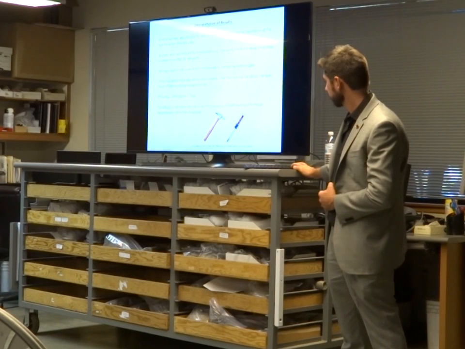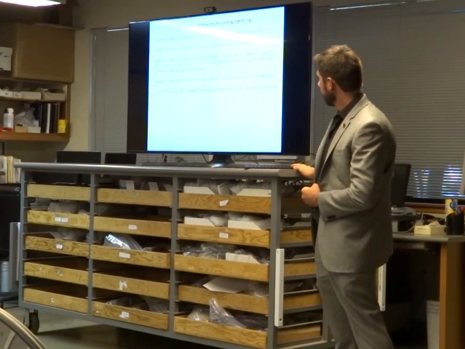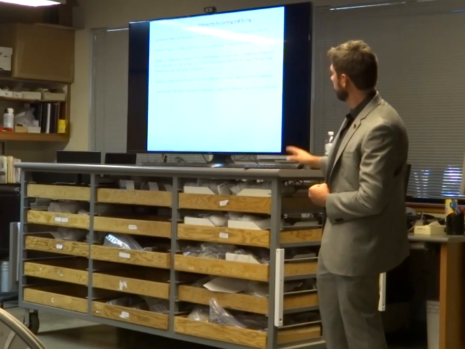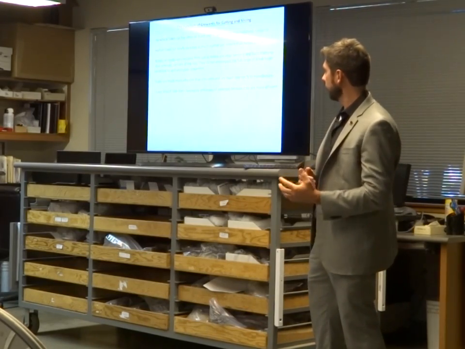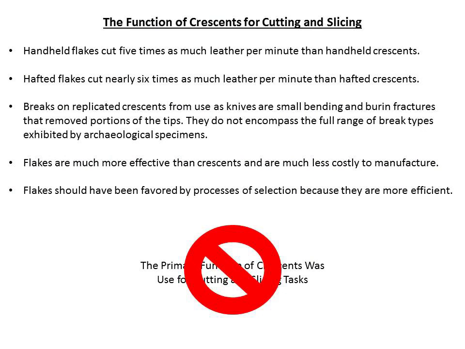So in terms of thinking about crescents as cutting and slicing tools, the flakes cut 5 times as much leather per minute than the handheld crescents, and the hafted flakes cut 6 times as much leather than the hafted crescents.